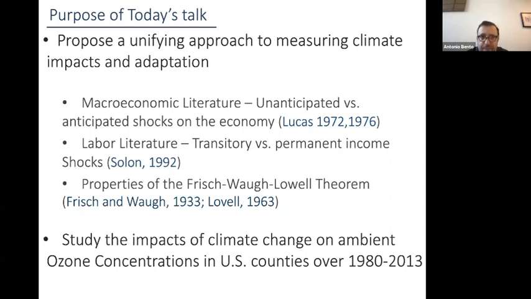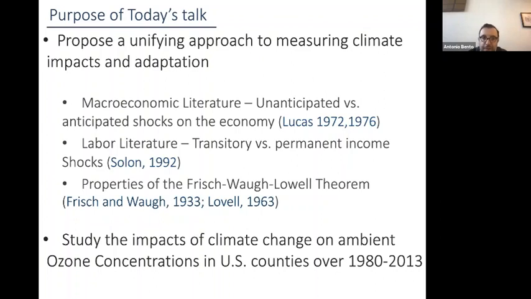Now, what this paper is trying to do, though, is to look at the econometrics and the methods for measuring climate impacts and adaptation, with the attempt of providing a unifying framework. And in a second, you will understand what I mean by a unifying framework.